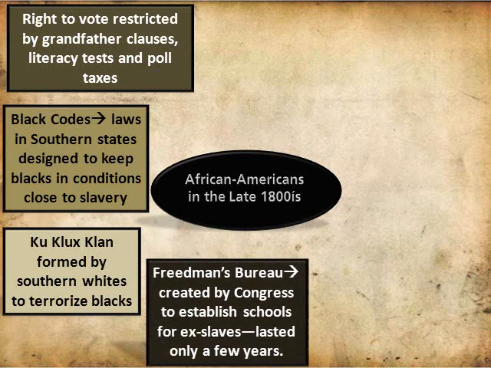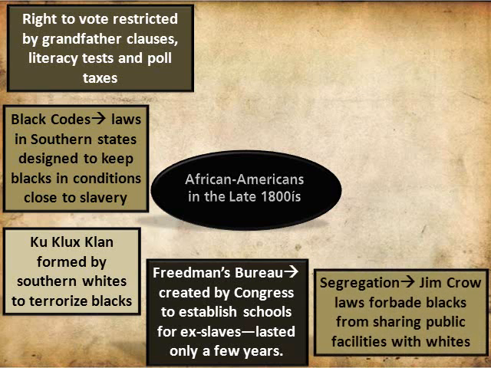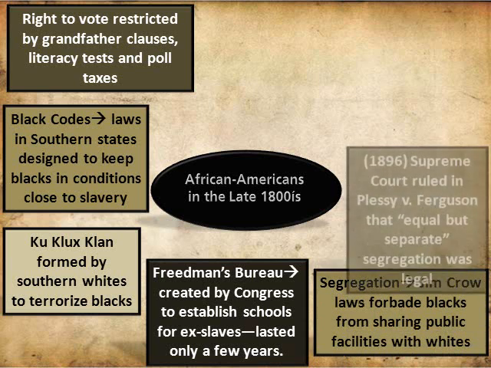The Freedmen's Bureau, while it was a good intention to help African Americans with education and land rights and learning how to navigate the world as a freedman, great intention, but it lasted only a few years. Segregation is going to continue in the form of Jim Crow laws.